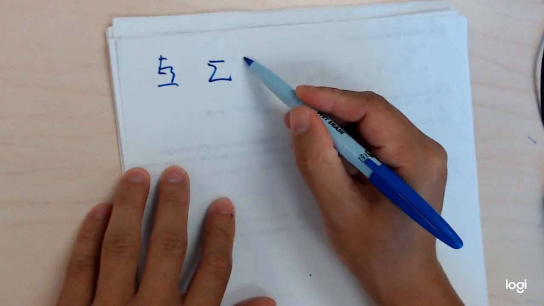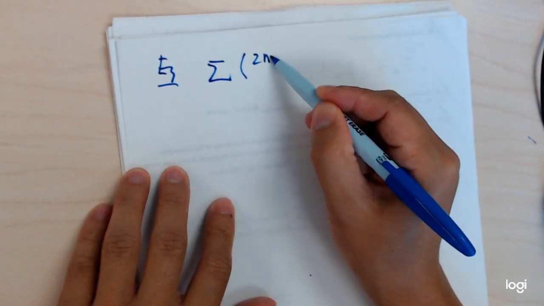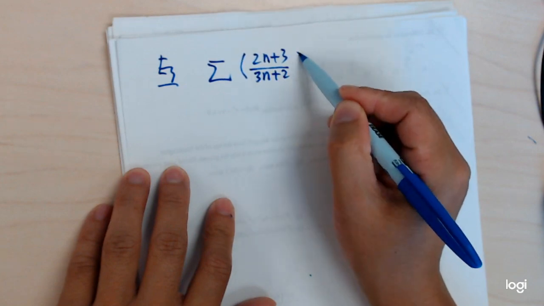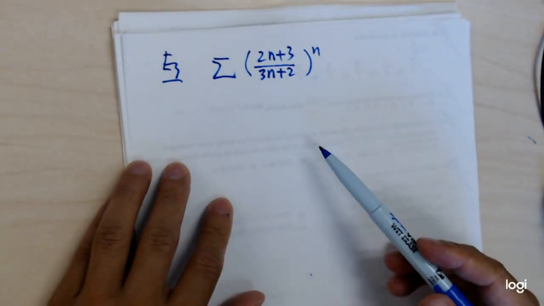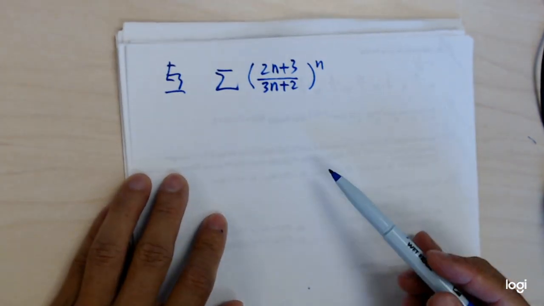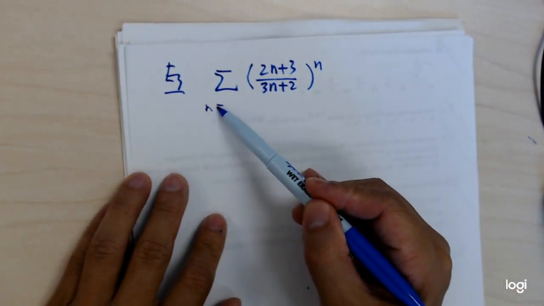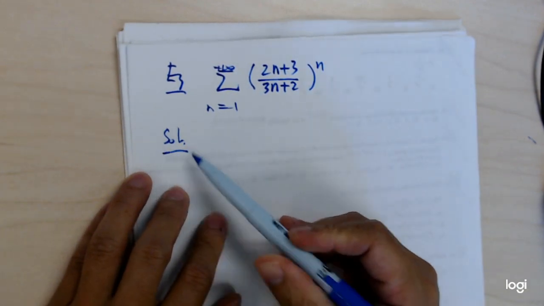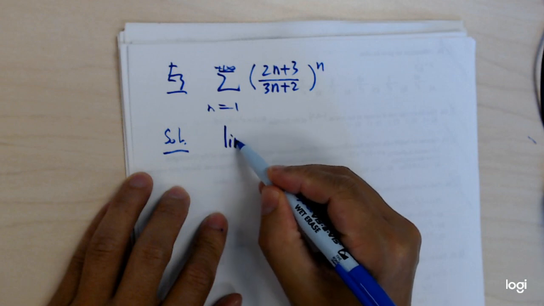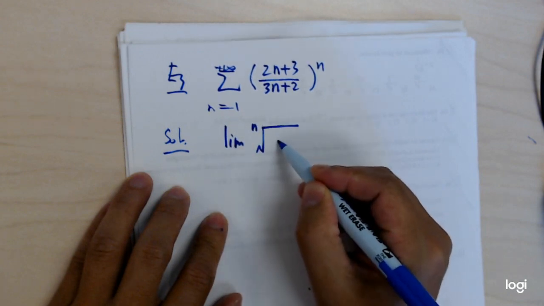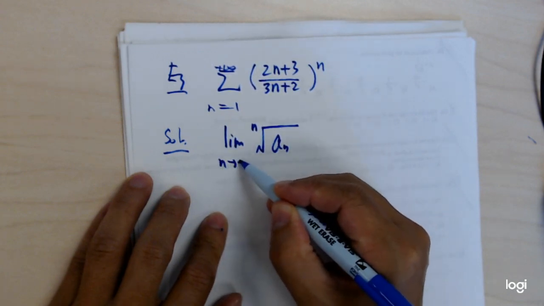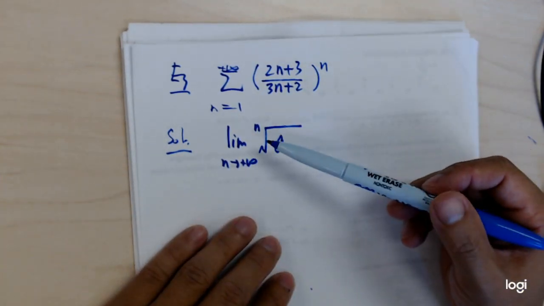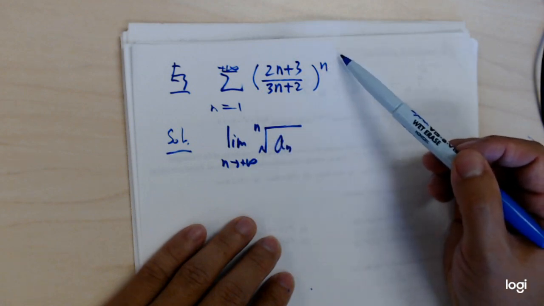Same question, whether this series converges or diverges. Solution: take the limit of the nth root. Some of you might notice the reason we choose the root test is because this one carries a power n.